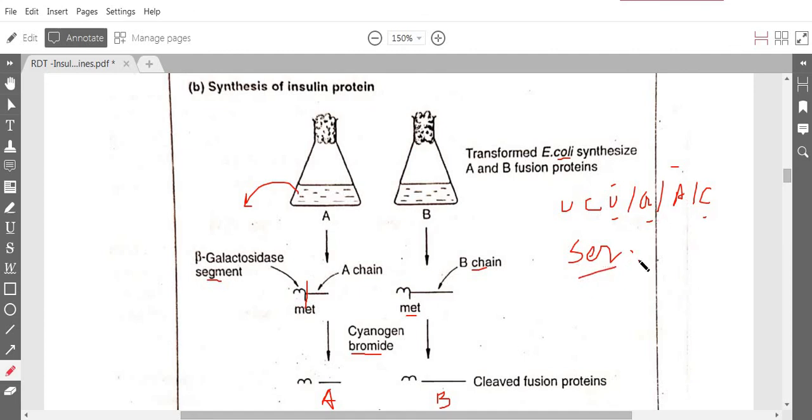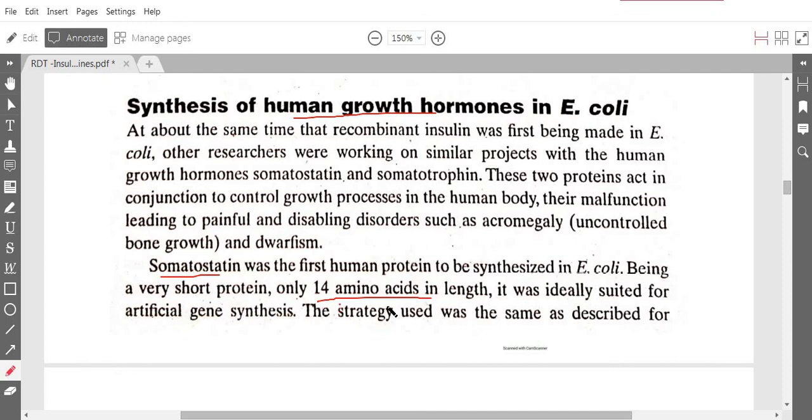So it is not essential that the DNA sequence present in the physiological system for the production of insulin or somatostatin is absolutely the same as what we have made artificially in bacteria by this technique. So somatostatin hormone can also be produced by this same procedure.